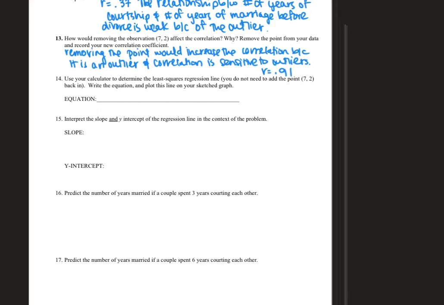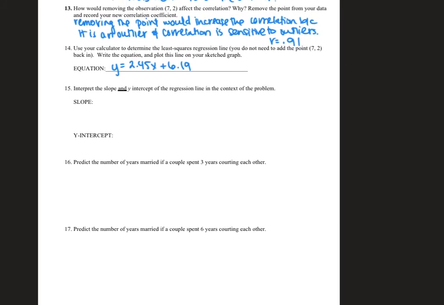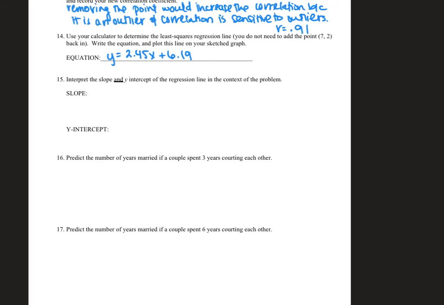Then we're going to use our calculator to determine the least squares regression line. You should get y equals 2.45x plus 6.19. And then we're going to interpret the slope and y-intercept in context. The slope is the number in front of x, so 2.45.